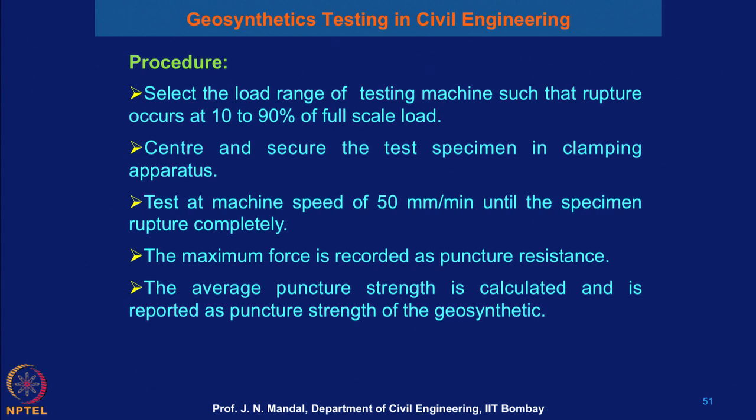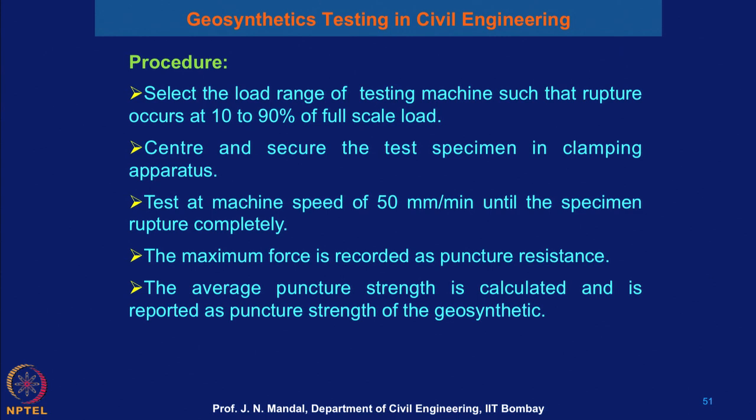Now, what is the procedure for performing the test? You have to select the load range of testing machine such that rupture occur at 10 to 90% of full scale load. Center and secure the test specimen in clamping apparatus.